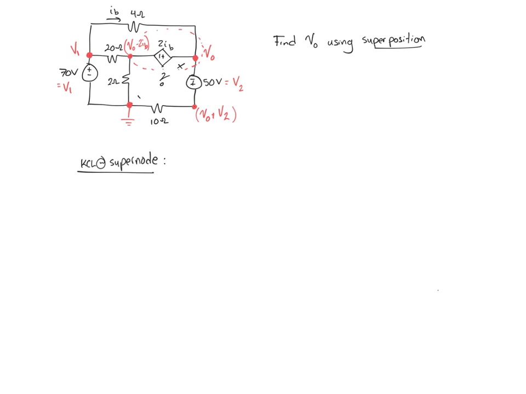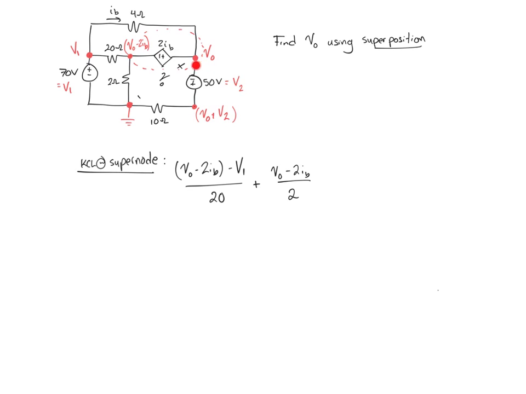So the KCL at the supernode, first, current through the 20 ohm resistor is going to be given as V0 minus 2IB is the potential there, minus V1 divided by 20. That's the current through the 20 ohm resistor. Current through the 2 ohm resistor is given as V0 minus 2IB over 2.